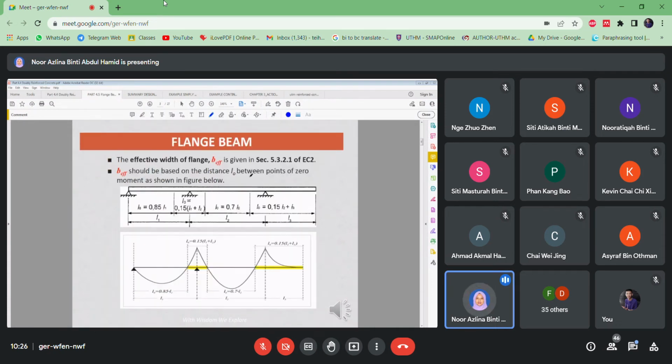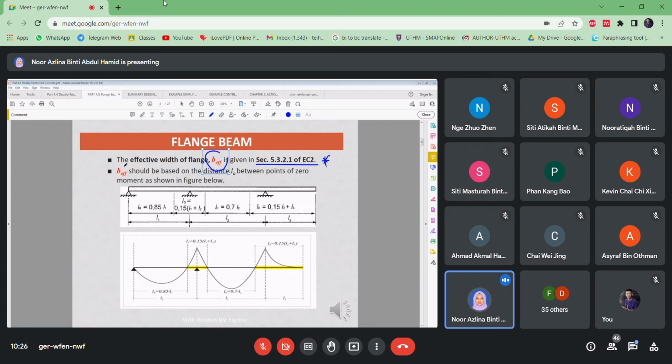Alright, so if you can see here, this is for the whole beam. Okay, for the whole beam here. What is meant by b effective here, effective width of the flange, which you can see the information, the equations in section 5.3.2.1 in EC2. Please find this page.